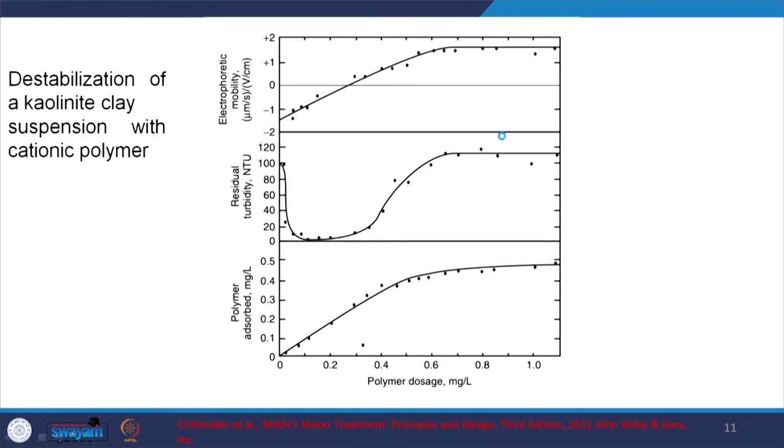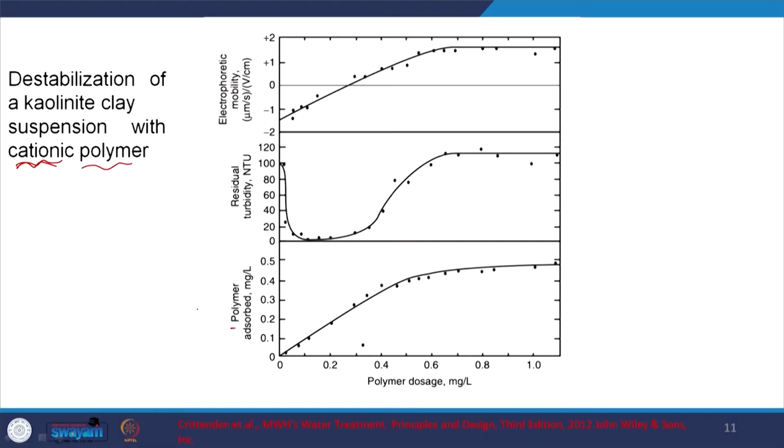And as I mentioned, if we add too much of the polymer, especially a charged polymer, it can lead to what do we say, reverse stability, if I may say so, but that is a term that I am using. Let us look at it. Here, what do we have? Let us look at this graph first. Polymer adsorbed onto the particles, or how much I am adding. Polymer dosage is given, polymer adsorbed is given. Not all of it will be adsorbed, so some of it will be adsorbed.